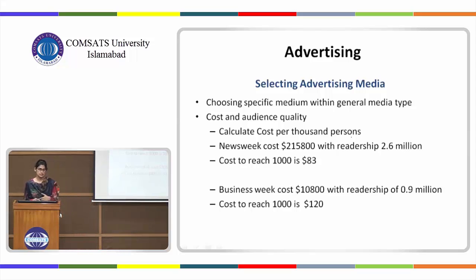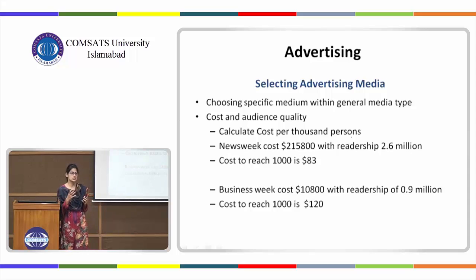Once you've selected on the audience quality, then the next step is the cost that you can incur in advertising or sending out your message. For instance, how do you calculate the cost? You calculate the cost per 1,000 persons.